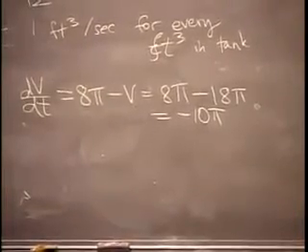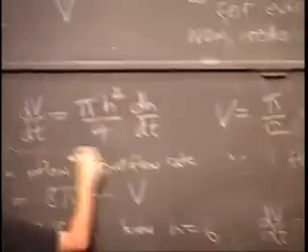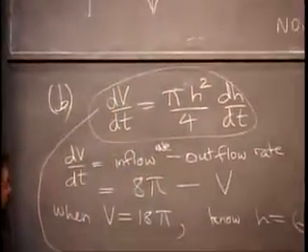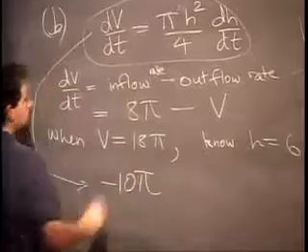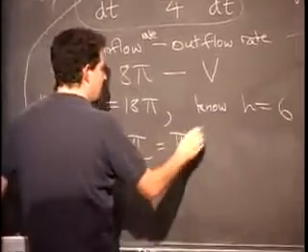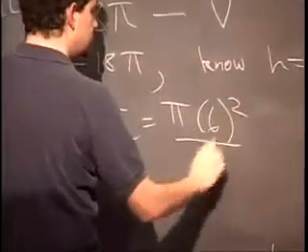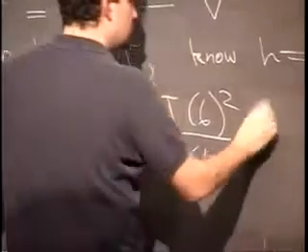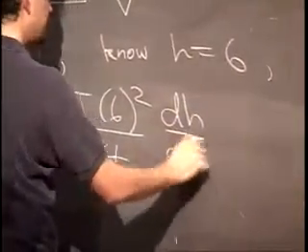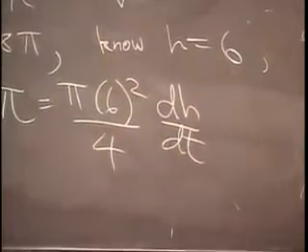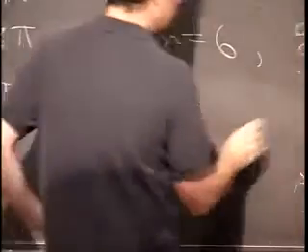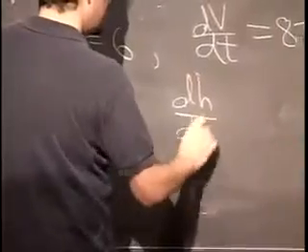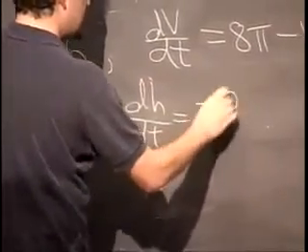Anyway, we can now finish the problem back in this equation here, but this time with dV dt as minus 10 pi equals pi, h is 6, over 4 dh dt. And the difference now is that dh dt, 36 over 4 is 9, so now dh dt equals minus 10 over 9.